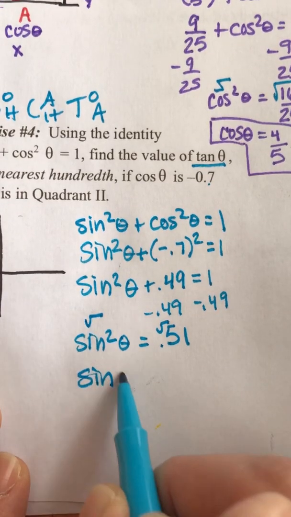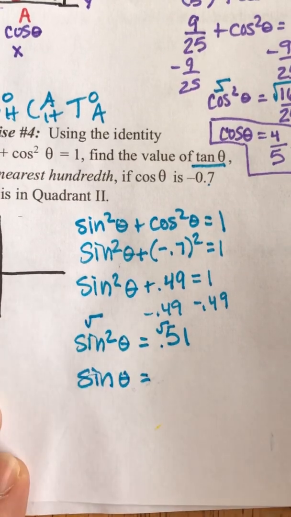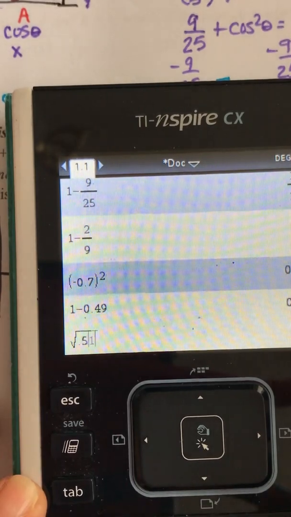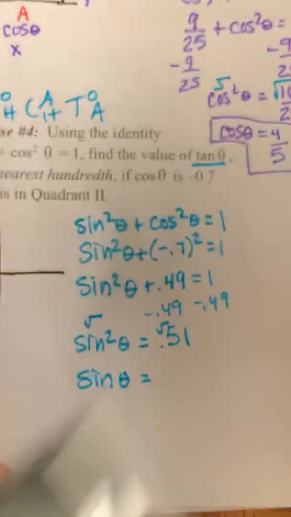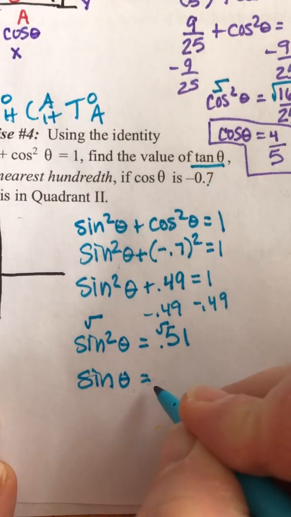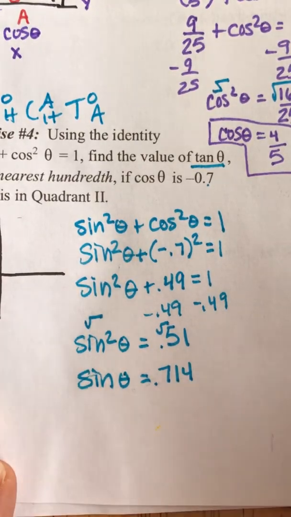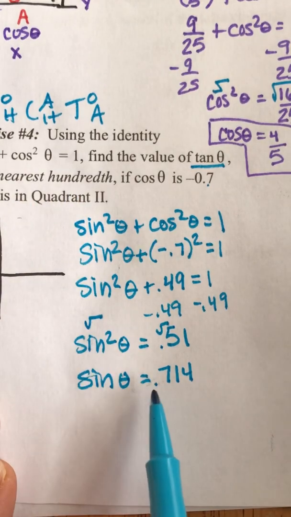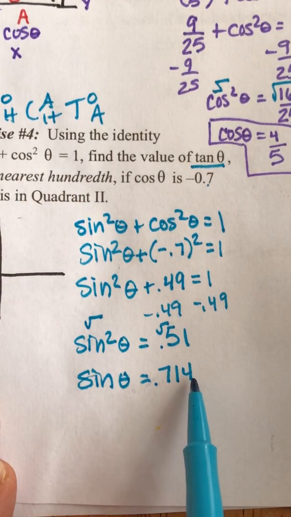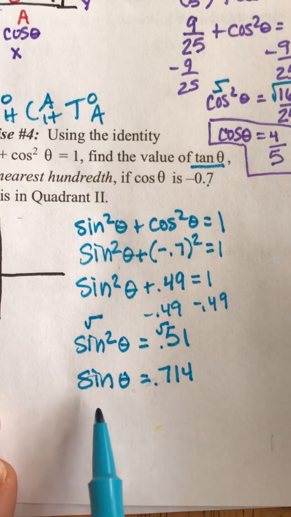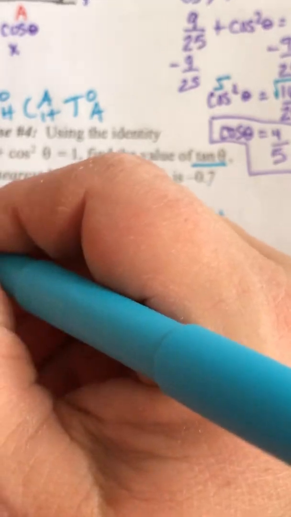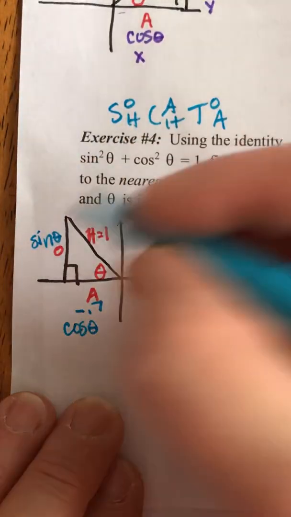So this would be sine of theta, and the square root of 0.51. I'm going to let the calculator do that. It is 0.714. Why did I pick 3 places? Hundredth is 2 places, and we need to round off to 2 places, so I'm just going to keep 1 more place there. So the sine is 0.714, which means the side of the triangle is 0.714.